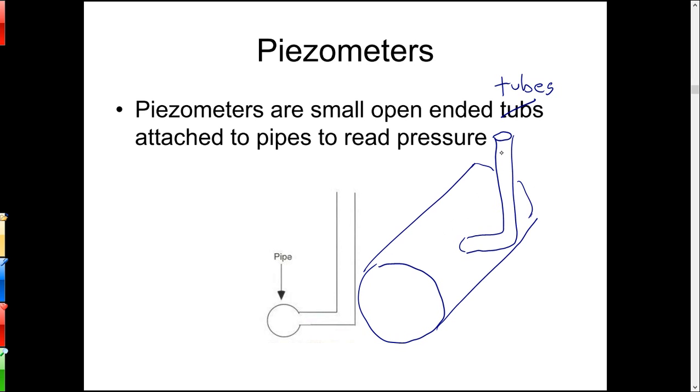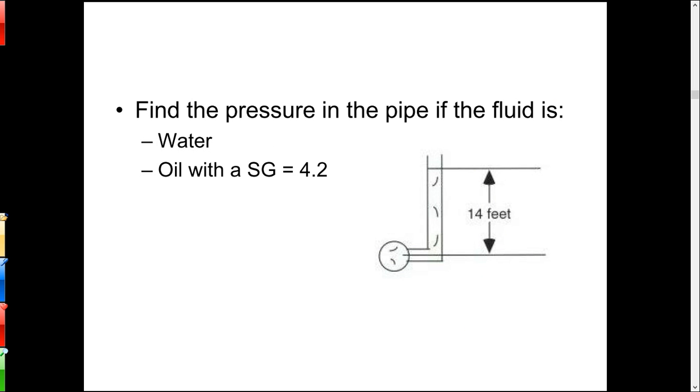So a piezometer would look like that, and then you'd look at how high the fluid goes up in the piezometer, and based on that you'll figure out the pressure in the pipe. You measure that, then you just work your way back to what the pressure would be.